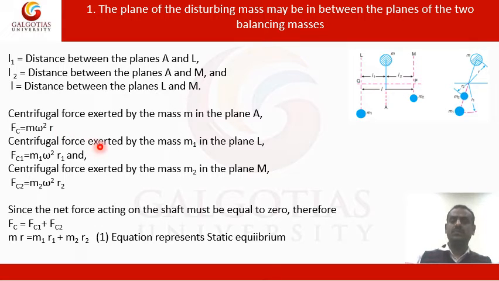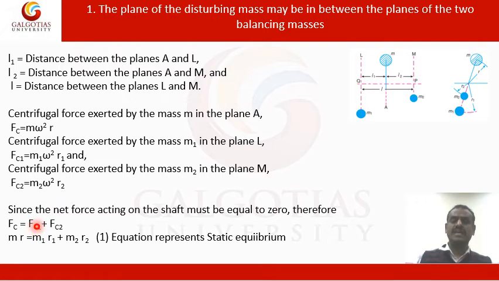The centrifugal force exerted by mass m1, the balancing mass in plane L, Fc1 equal to m1 omega square r1. The centrifugal force exerted by mass m2 in the plane M, Fc2 equal to m2 omega square r2.